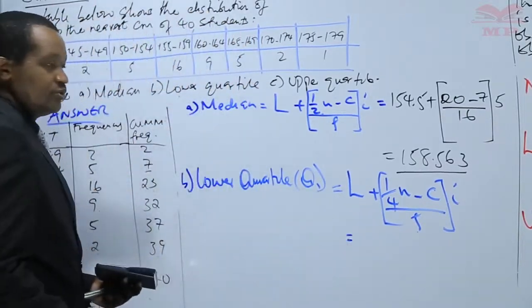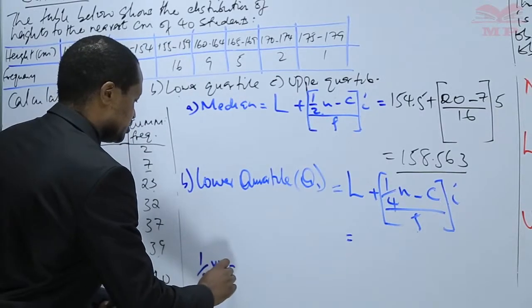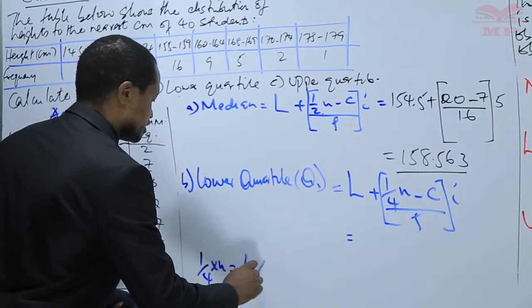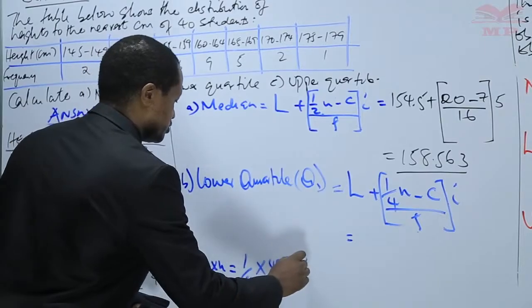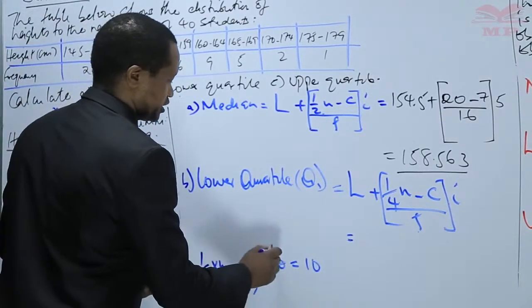So first we need to determine 1 over 4 times n, which is 1 over 4 times 40, which is equal to 10.